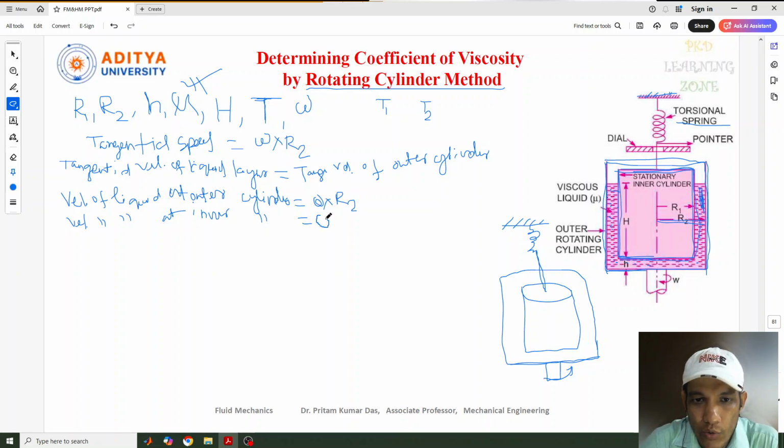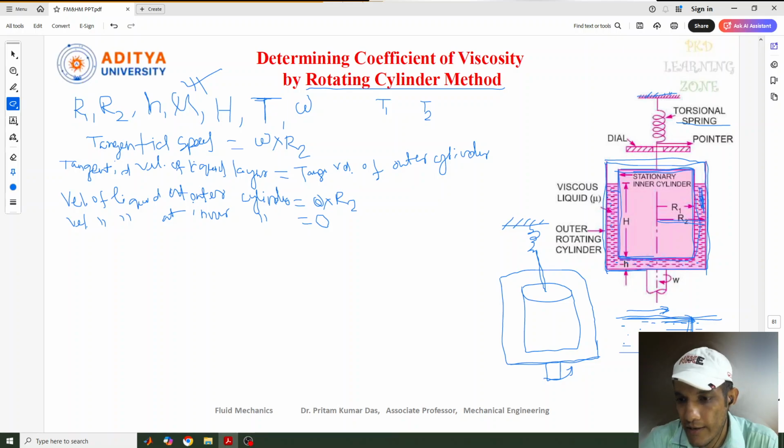So why it is 0, let me tell you. If you remember Newton's law of viscosity that we have studied, when the liquid is flowing, we have taken the layers, and there was a velocity gradient like this. The force which was acting on this, and the velocity at different layers, you can see the maximum velocity you got here, then slowly it decreased, and at this point we have the velocity of 0.